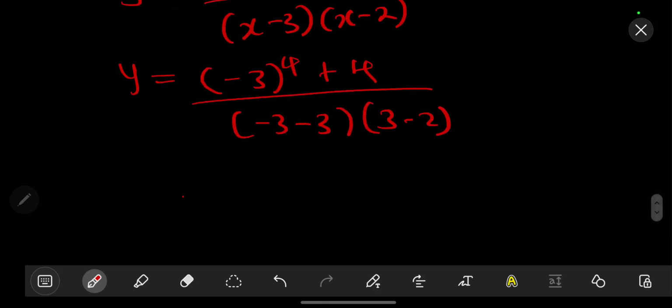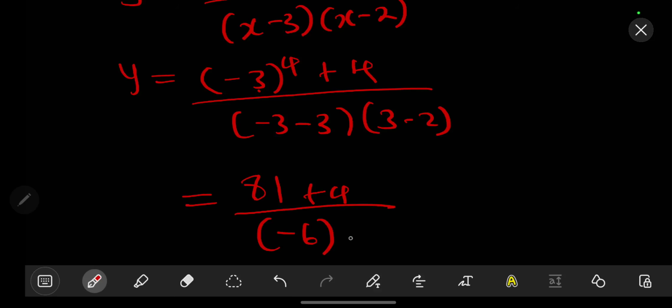This will give us a value that is equivalent to negative 3 to the power of 4. This gives us 81. 81 plus 4 over negative 3 minus 3. This will give us negative 6. Then we have by 1. 81 plus 4 will give us 85 over negative 6 like that. So to reduce this, we are going to find that this value is equivalent to 85 divided by 6. 8 divided by 6 will give us 1, remainder is 2.